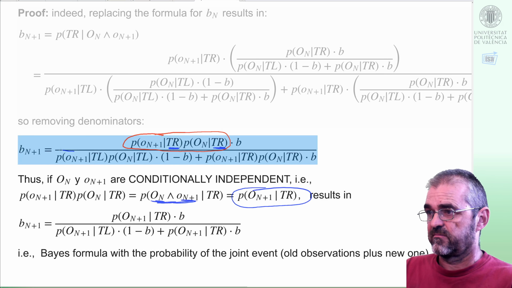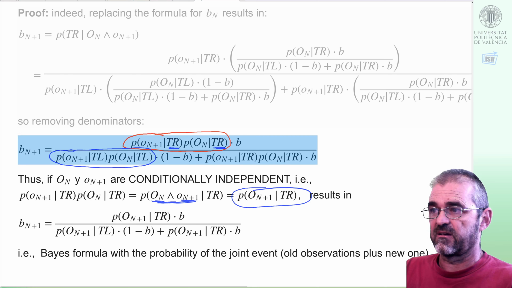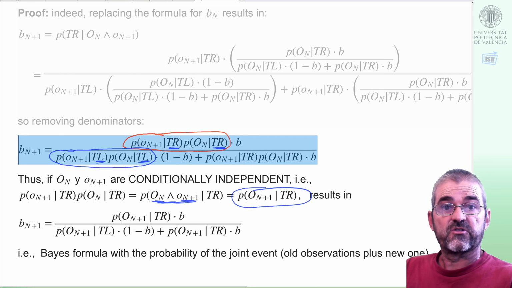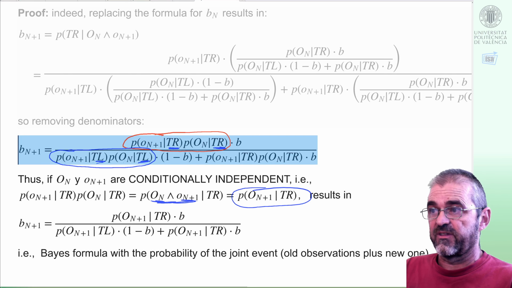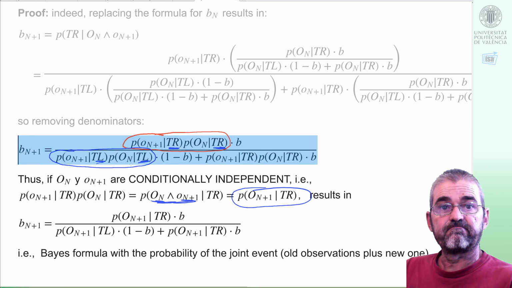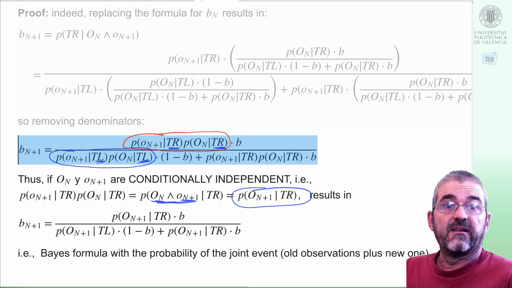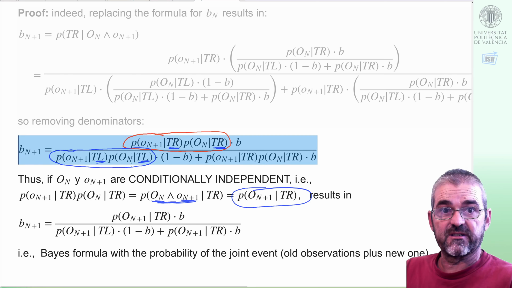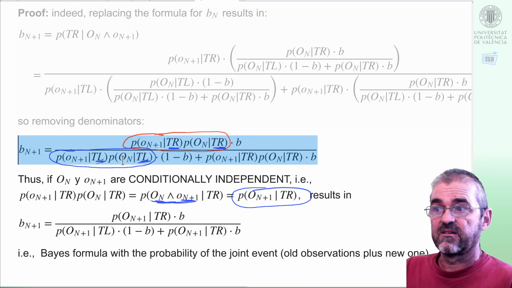And in here we have the same, but tiger left, tiger did not switch side, so the product of the conditional probabilities is, by definition of conditional independence, the conditional probability of the joint event given by the past history plus the single new roaring event.